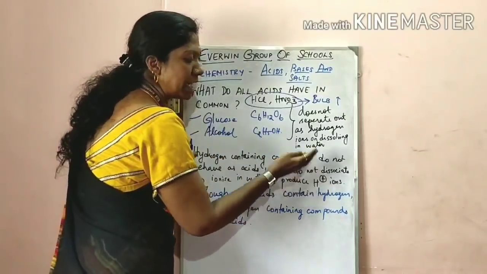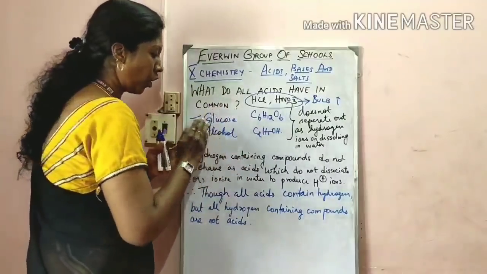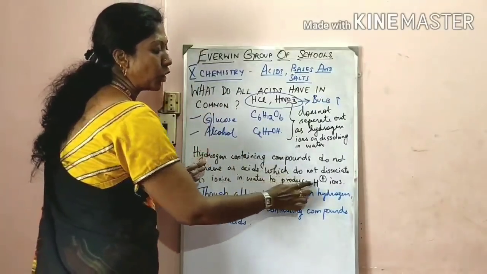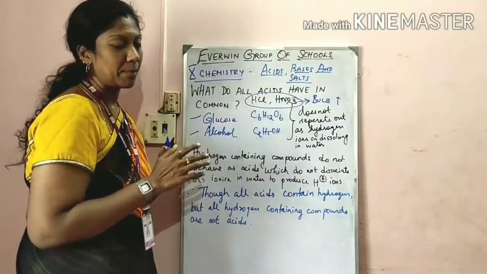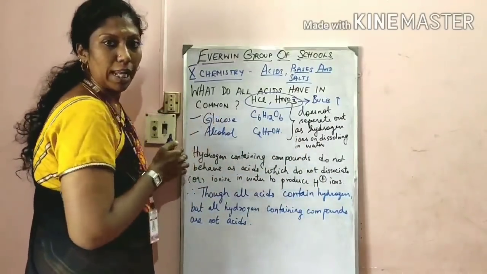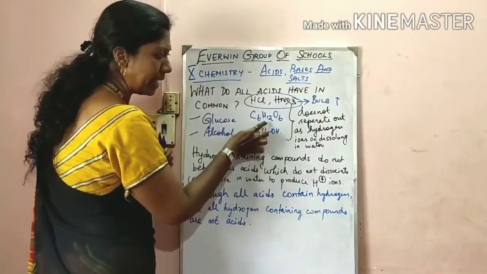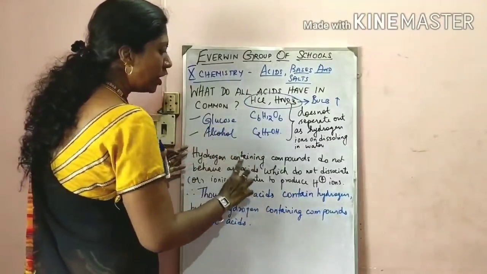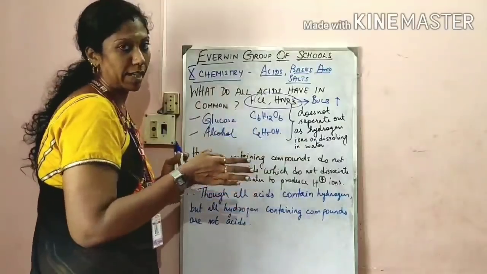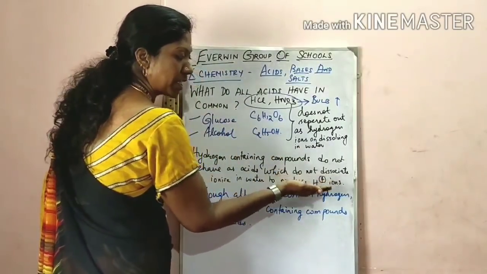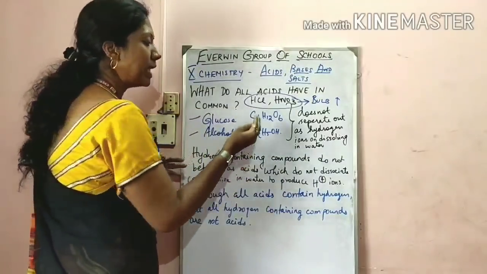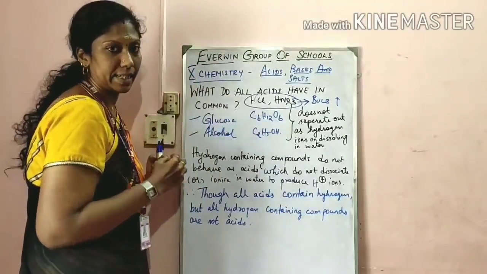If it is not easily dissociating or not at all ionizing to produce H plus ions, they are not considered to be acids. That is what happened in glucose and alcohol. Though they contain hydrogen atoms, they will not get easily dissociated to H plus ions. Since there is no spontaneous dissociation of H plus ions, they do not conduct electricity.